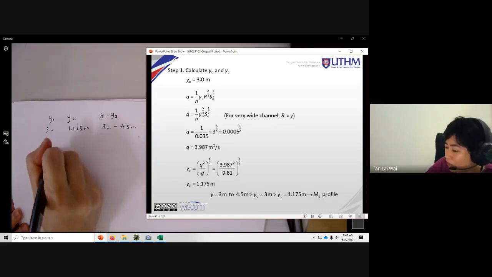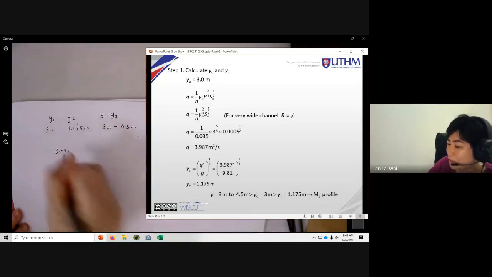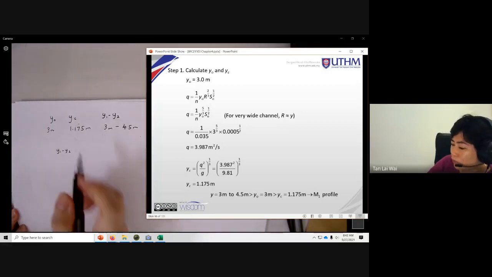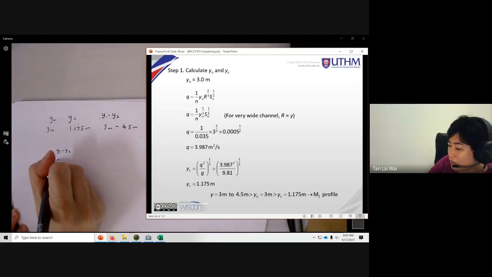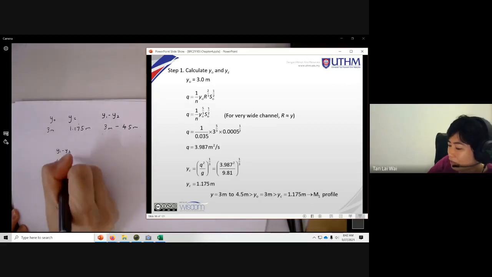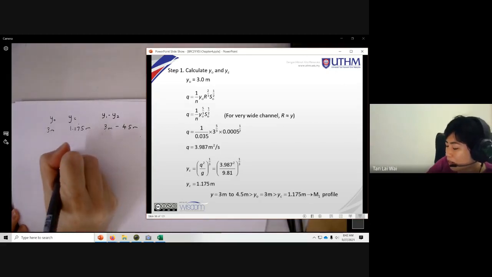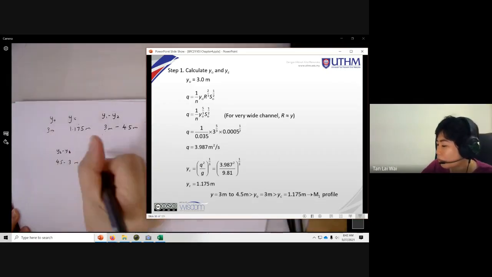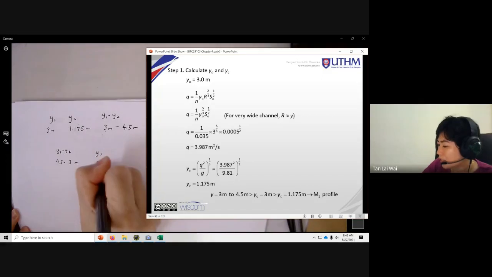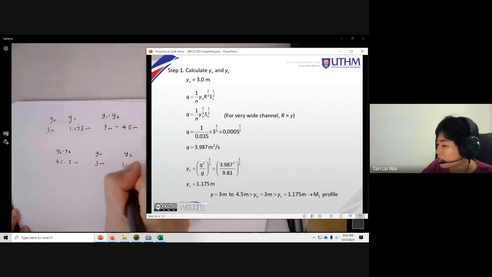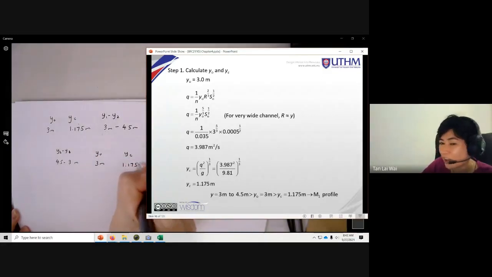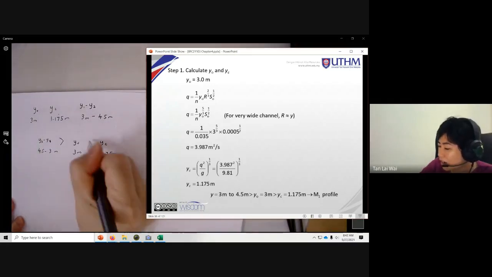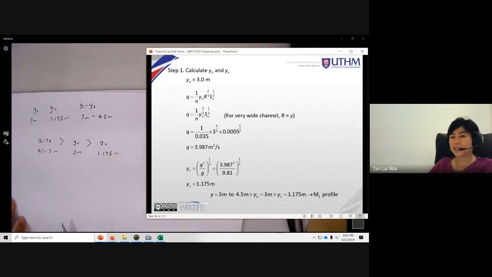My Y ranges from 3 meter to 4.5 meter, so I have 4.5, this should be Y2 to Y1, to 3 meter. Then I have Y naught, 3 meter. Then I have YC, which is 1.75 meter. Now, this is larger.